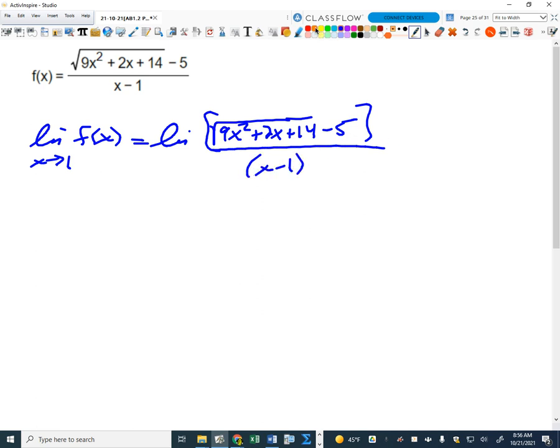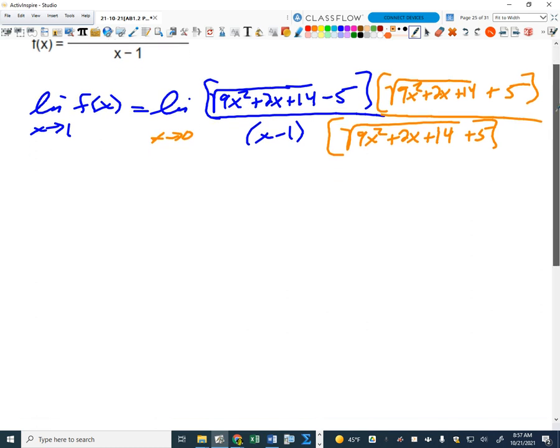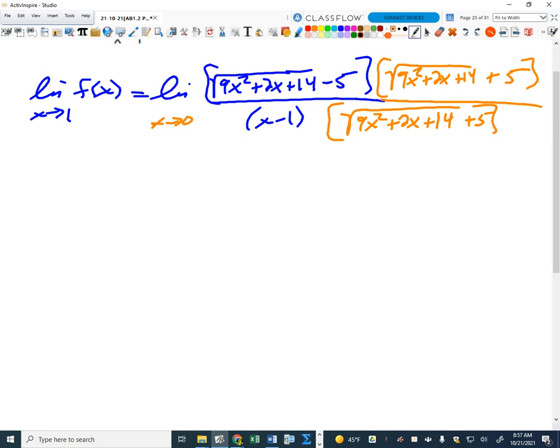We're just going to multiply top and bottom by the conjugate of the top. Okay, so then what's that giving us? On the top, what are we going to get?